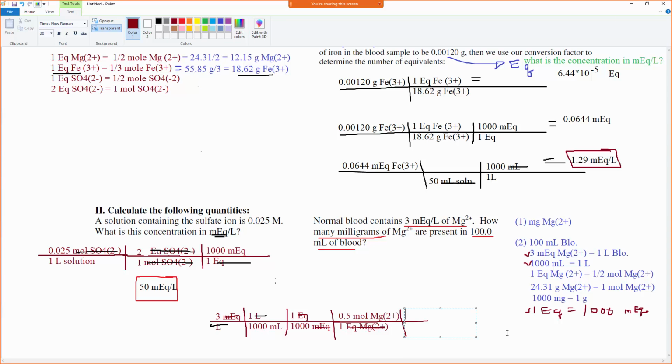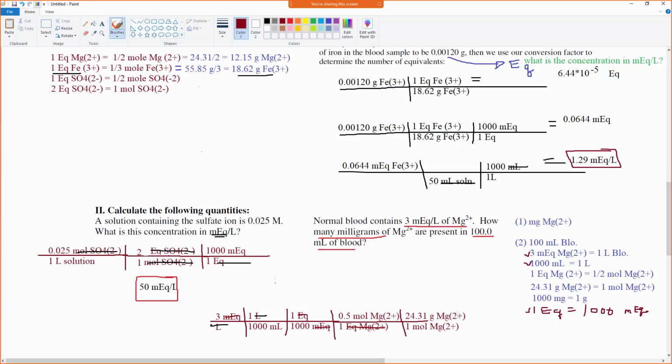We could either say that 1 equivalent of magnesium is 1/2 a mole, or I could say that 1 mole is 2 equivalents. They're saying the exact same thing. But we've got 24.31 grams magnesium 2+ in every 1 mole. There we go. That used my grams per mole right here.